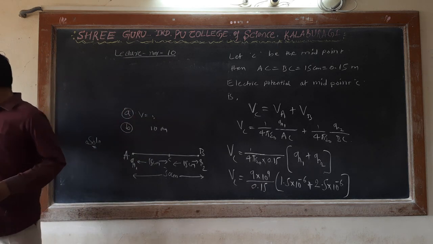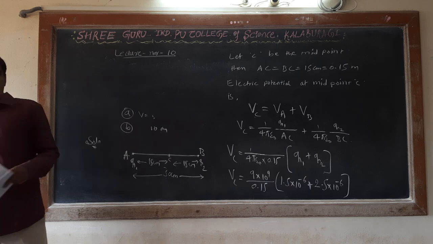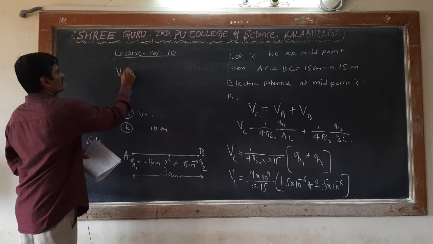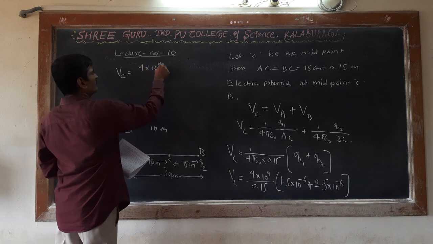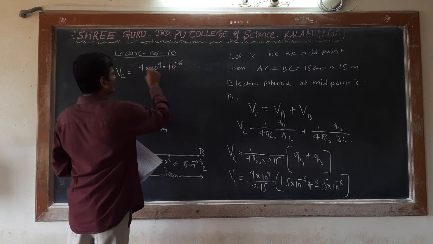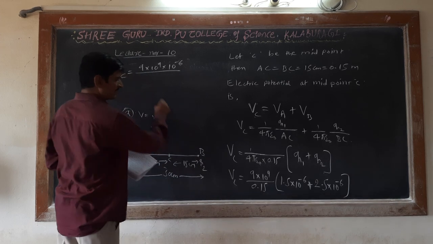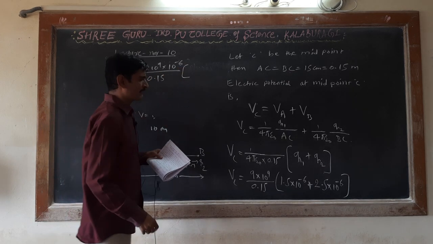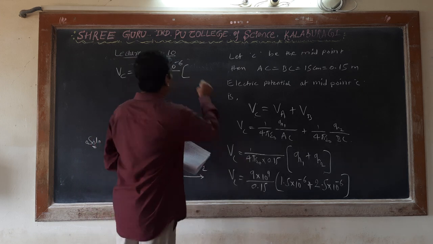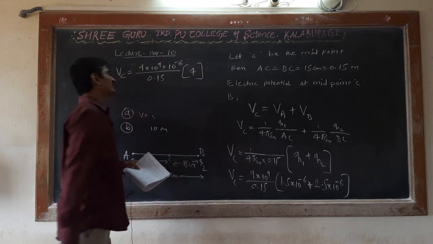So VC is equal to 9 into 10 to the power 9 into 10 to the power minus 6 divided by 0.15 into 1.5 plus 2.5, that is 4.